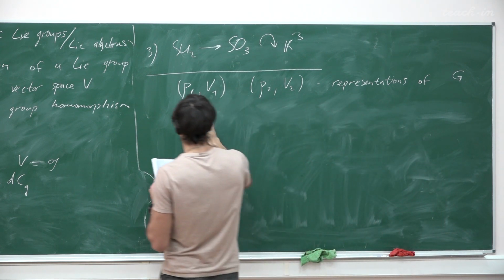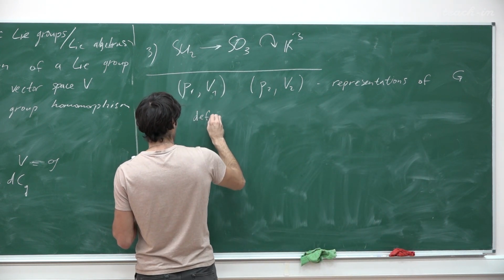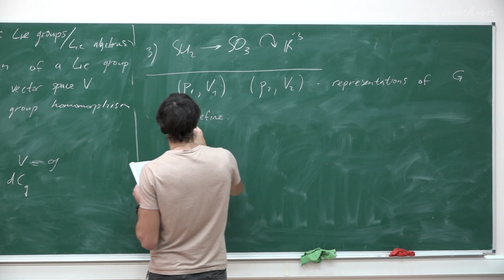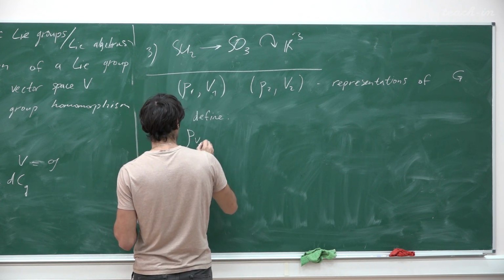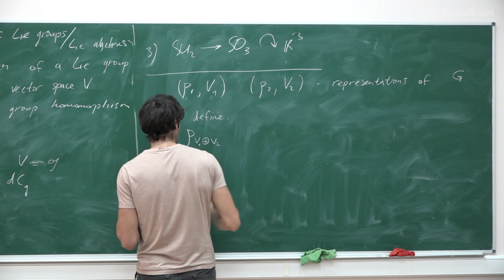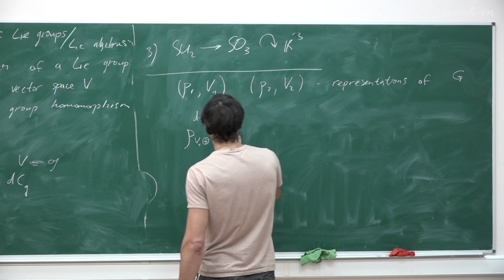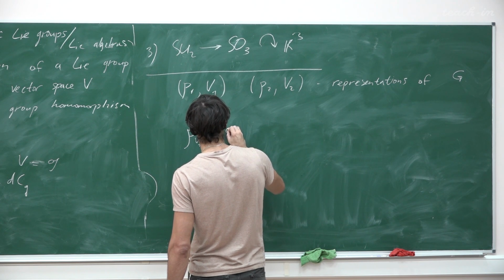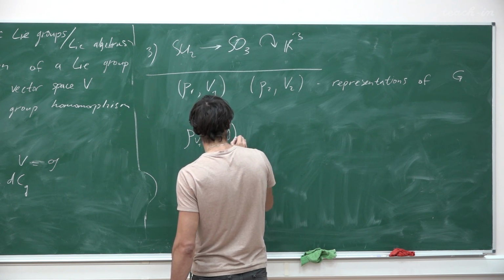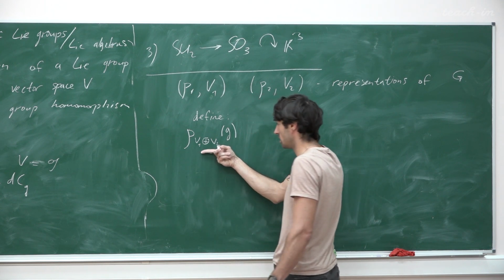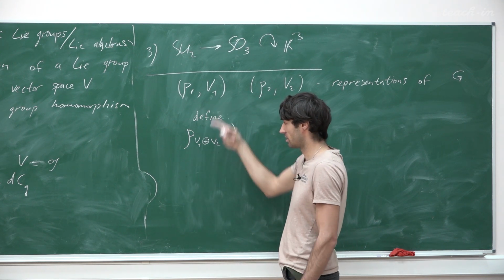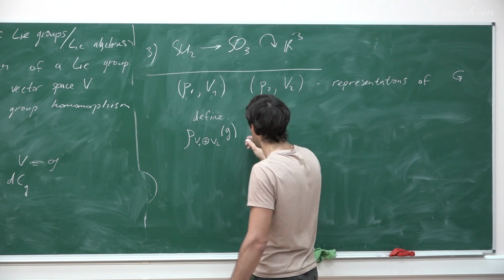Then I just define rho on V1 plus V2 of G. This is a linear transformation of V1 plus V2, right?